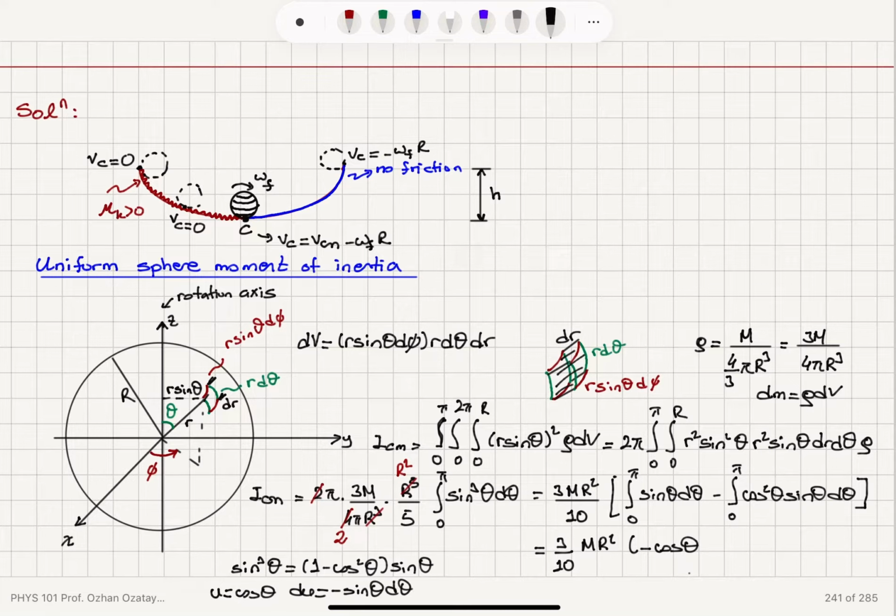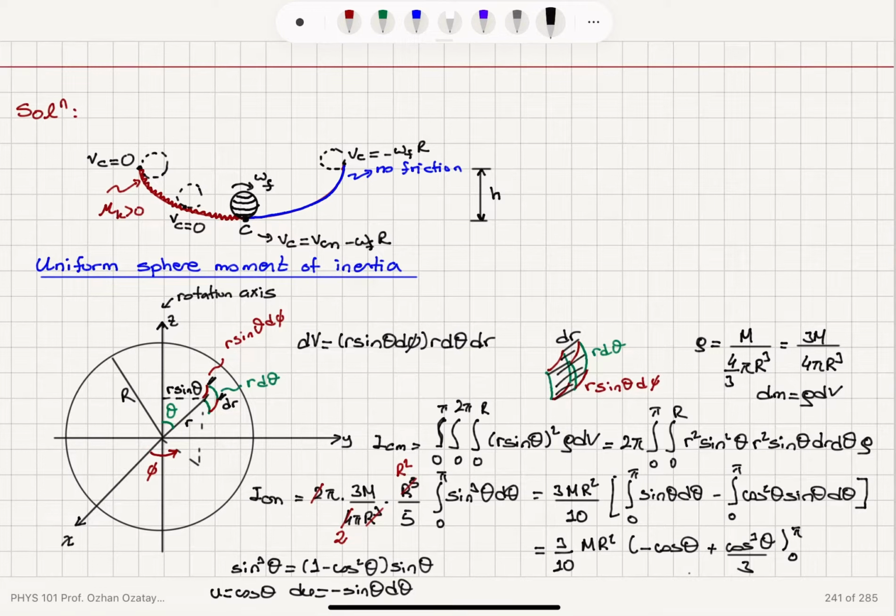So we can substitute that here. This will become plus u squared du, so it's plus u cubed over 3. So this will give us plus cosine cubed theta divided by 3, because I have utilized the minus sign here as well. And all of this will be evaluated between angles 0 and pi.